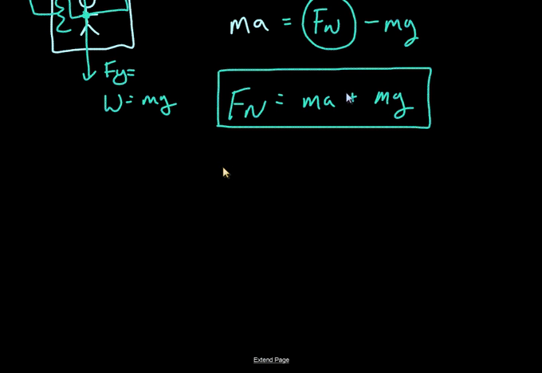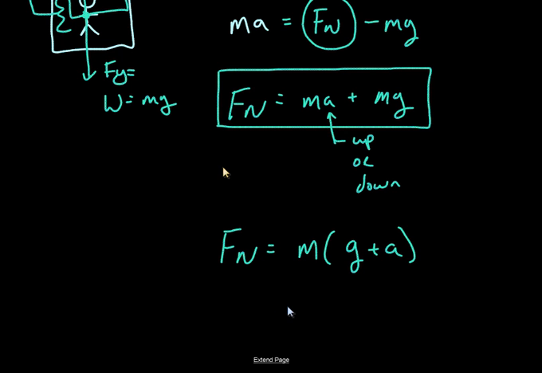Now the interesting thing is, this value is either going to be up or it's going to be down, so it's going to be negative or positive. So we're just going to rewrite this formula. We're going to pull m out of here, so what you end up with is Fn equals m(g plus a), or m(g minus a), if we're just talking magnitudes now.